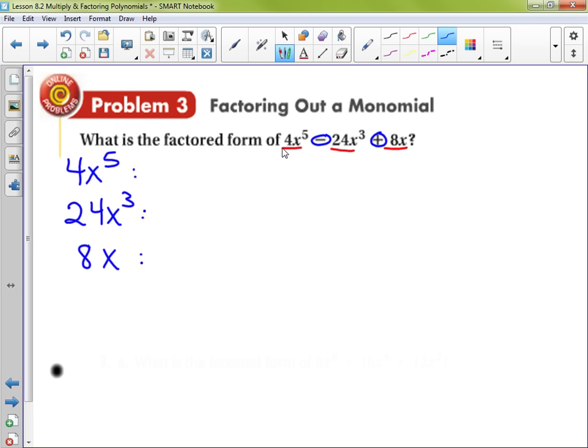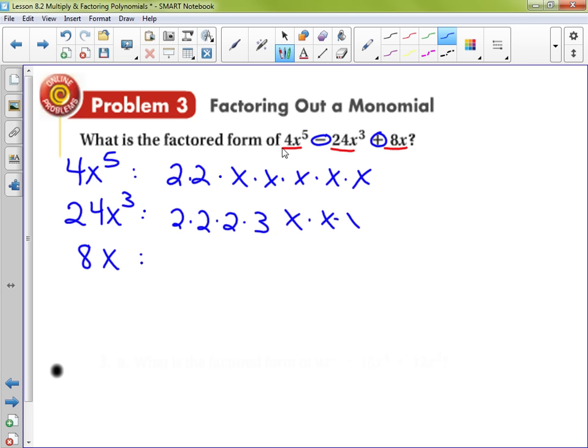So 4x to the fifth written as a product of primes is 2 times 2 times x, 5 of them. 24x to the third: 2 times 2 is 4, times 2 is 8, times 3 is 24, and x times x times x.